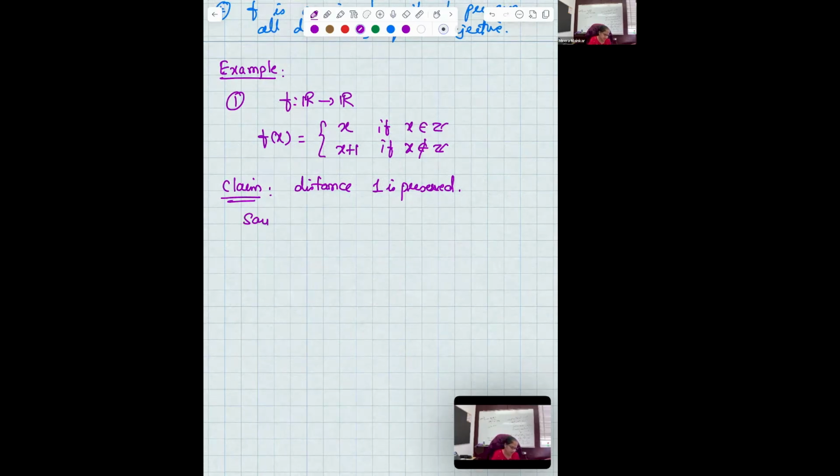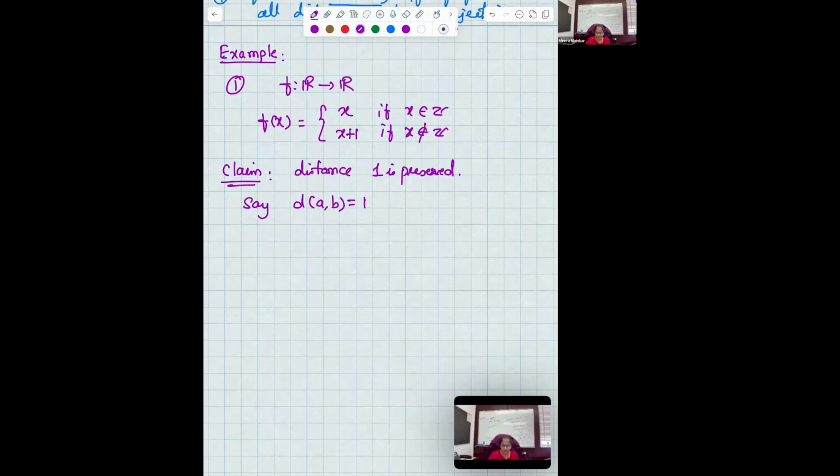Suppose you have two points, and the distance is just the Euclidean distance. Suppose you have two points with distance 1. Then let's see why the distance between f(a) and f(b) is also 1.